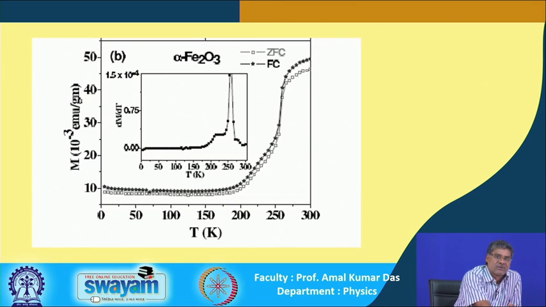So, it is better to plot the slope as a function of temperature, so that from your original data and from this plot you can find out the transition temperature accurately, but from this graph it is difficult to find out the exact transition temperature.